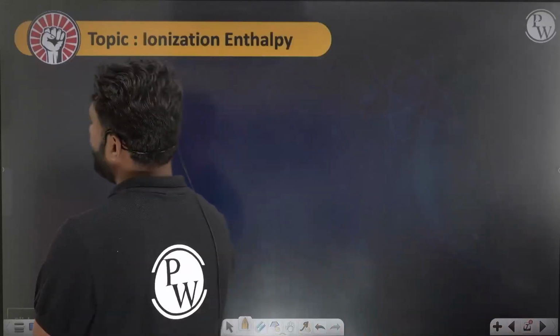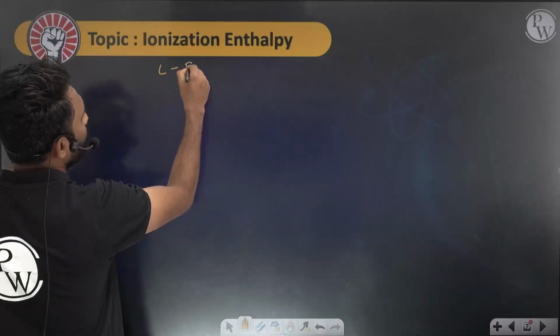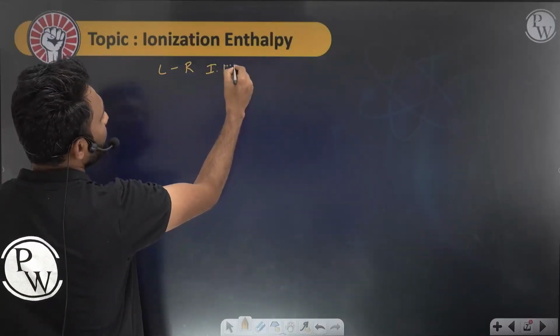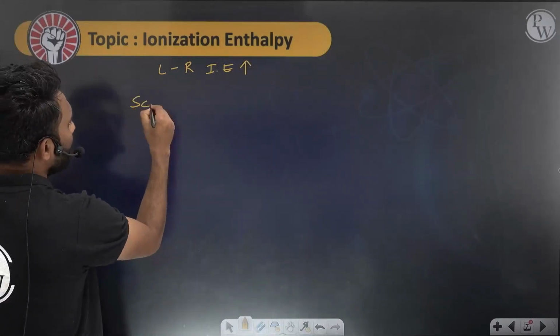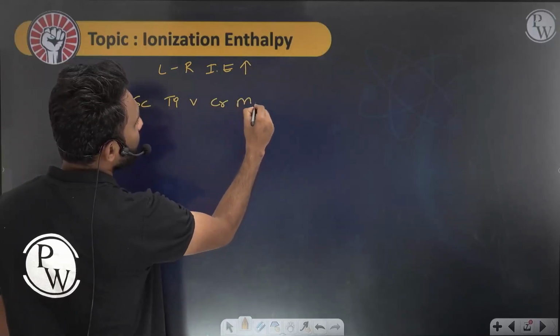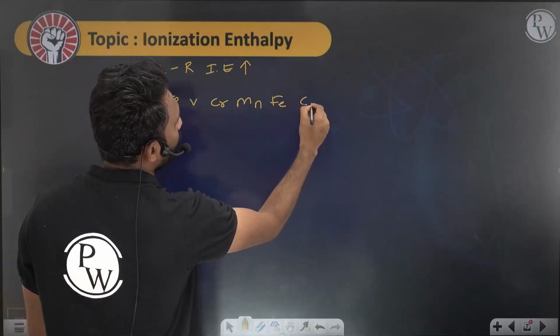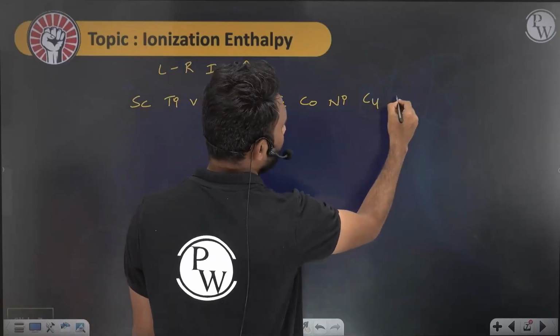Now ionization enthalpy: when we move from the left to right, ionization energy increases. Here scandium, titanium, vanadium, chromium, manganese, iron, cobalt, nickel, copper and zinc.